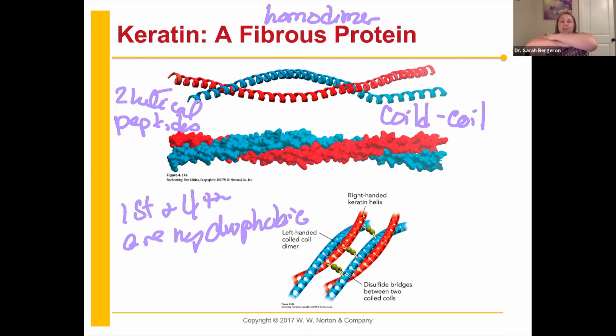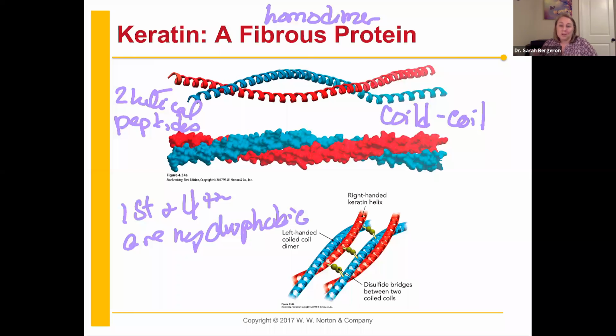And then you have some covalent cysteine disulfide bridges forming. And so depending on how many of those cysteines you have will tell you the strength of your keratin. So in hair, for example, the keratin in hair has a lower percent cysteine than, say, the keratin in horns. Horns has the highest percent. It's like 18% cysteine. And so that's pretty high. So it makes it super, super strong.